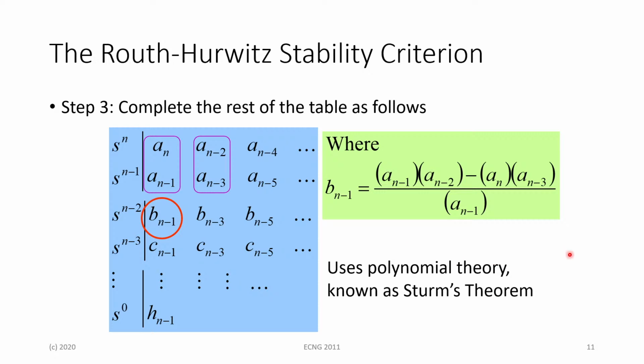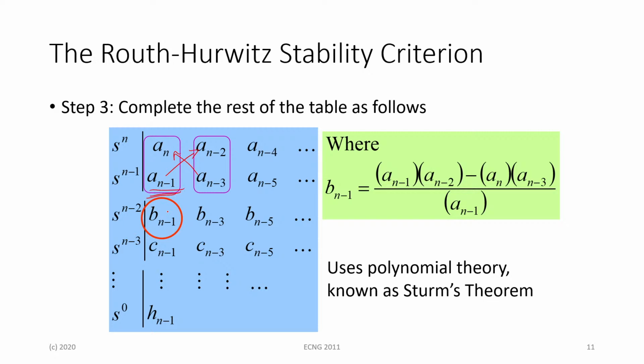The next step is to complete the Routh-Hurwitz table by doing a series of calculations as we keep going. These calculations repeat throughout the entire table. If you notice, from this general equation in the green highlighted block, in doing the calculation there's a cross multiplication going in this direction, and then this direction, and then you divide by this coefficient.